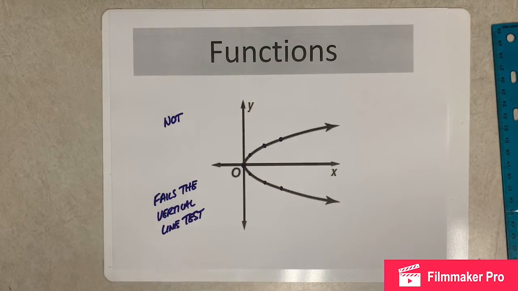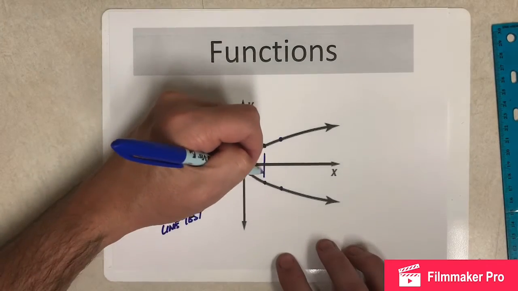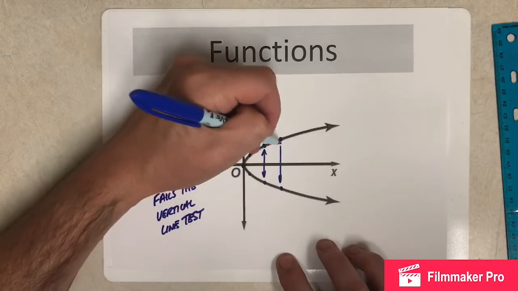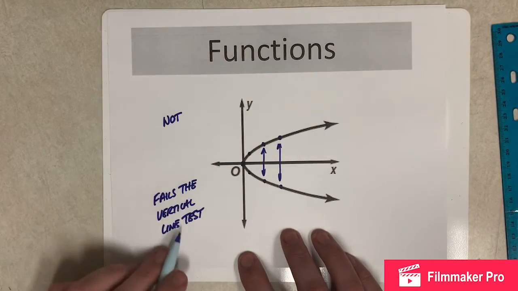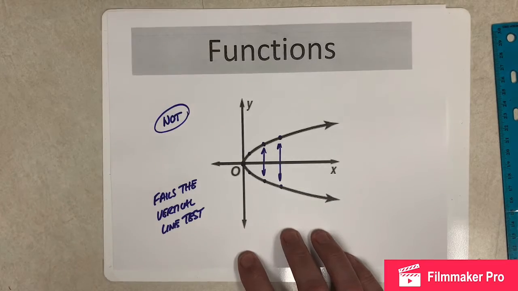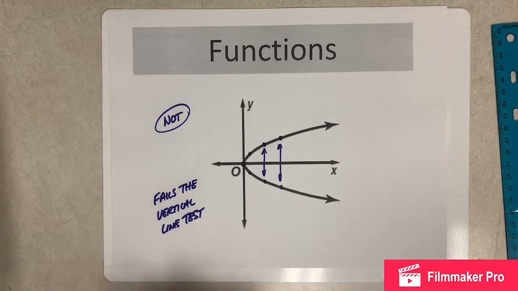Since it fails, because you get two there and two here and all the way across, the only place you get one is right there. Because it fails it, it is not a function. So we just need to be careful with that.